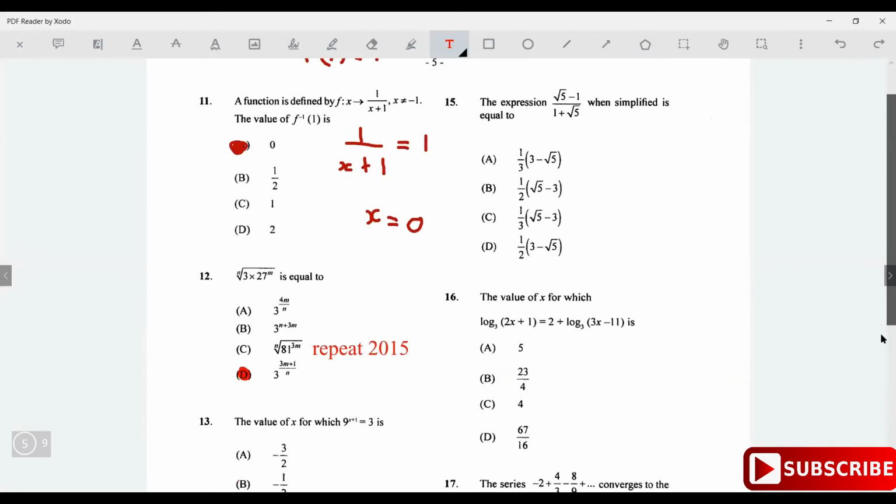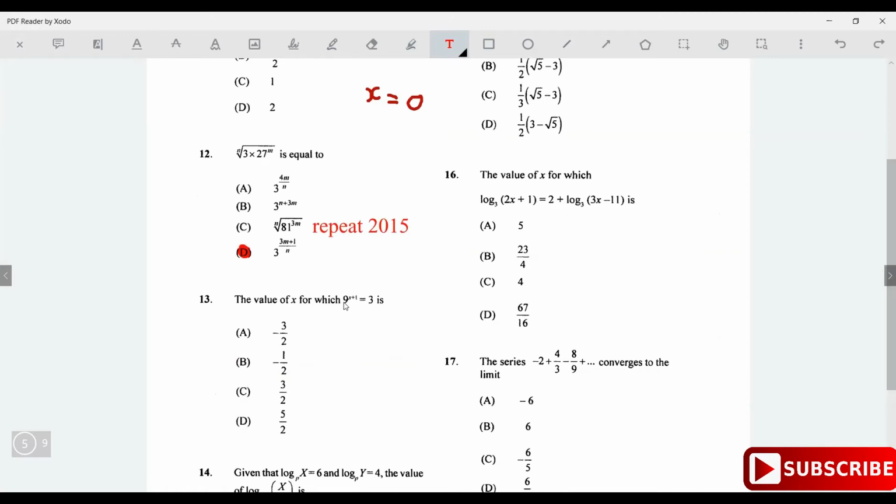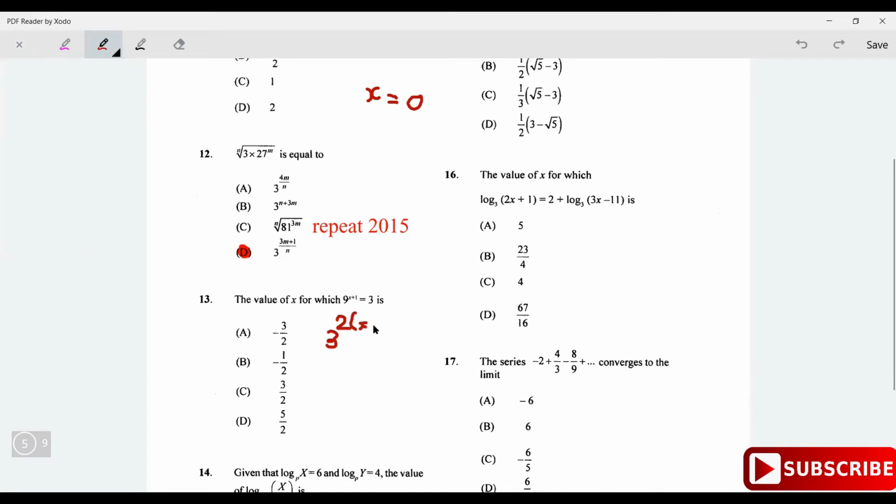It says find the value of x for which 9 to the x plus 1 is 3. If we have 9 to the x plus 1 is 3, what do we notice? We notice that this has a base of 3. And so what you're going to do is rewrite 9 as 3 squared. And then 3 squared is being multiplied by x plus 1. So it's 3 to the 2 times x plus 1, and that's equal to 3 to the 1.